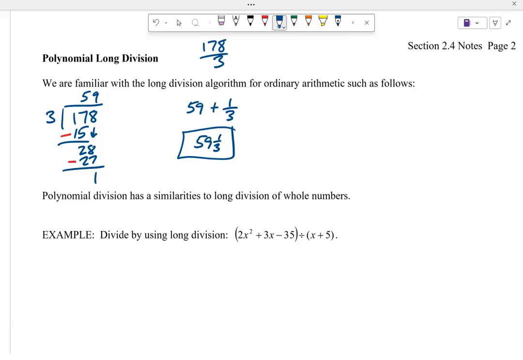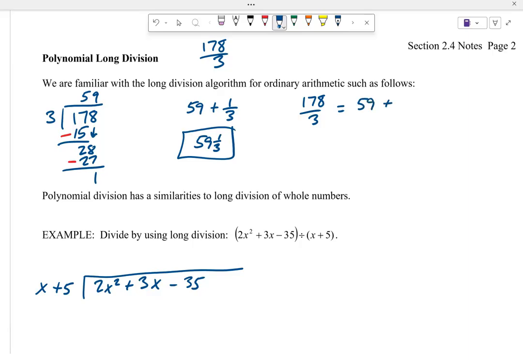We're going to use that similar division algorithm with polynomials now. So we're going to take this 2x squared plus 3x minus 35, and that's our dividend. And we're going to divide it by x plus 5. One more thing I should mention: 178 divided by 3 equals 59 plus 1/3.